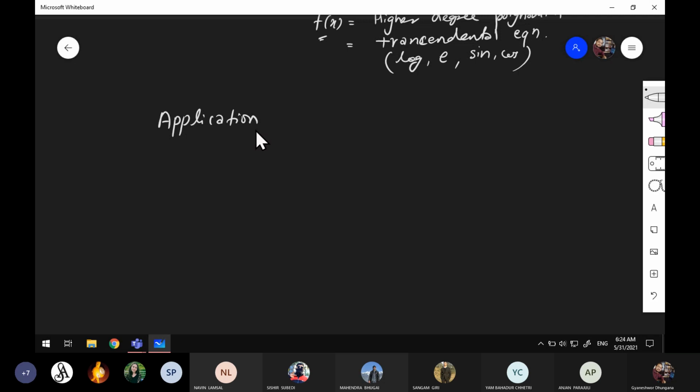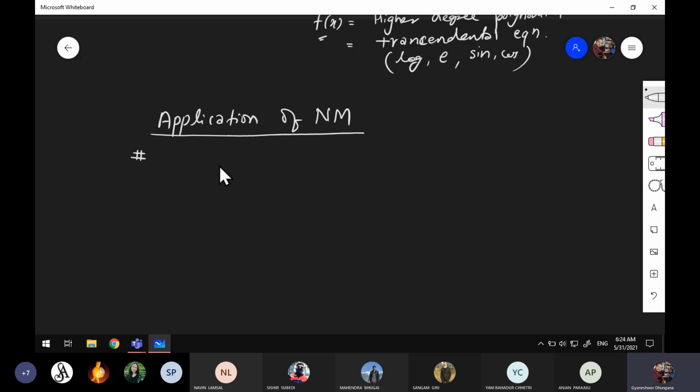Application of numerical method. That means we can apply the numerical method in a number of different problem domains.